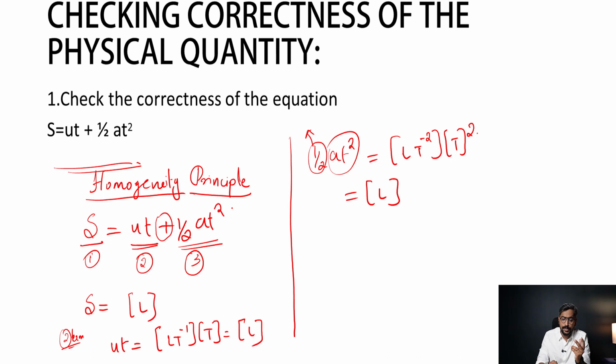So here t raised to minus 2 and t square will cancel each other and the remaining will be L. So you can see that in S is equal to ut plus half at square, you are getting the same dimension formula for all three terms in the equation. By three terms, I mean the terms which are separated by the plus sign, minus sign and equal sign. So this is about dimensional correctness, or how to check the correctness of a physical quantity or an equation.